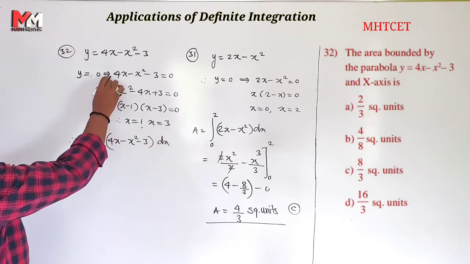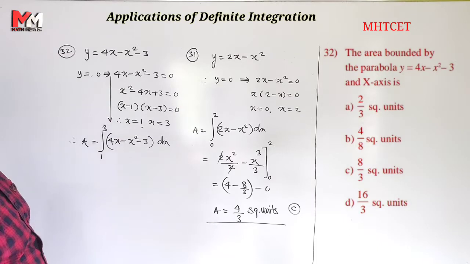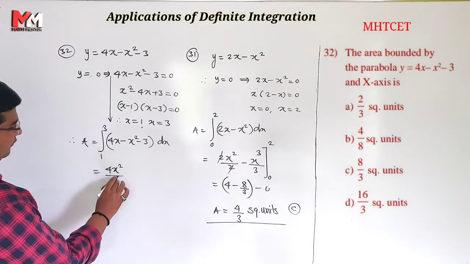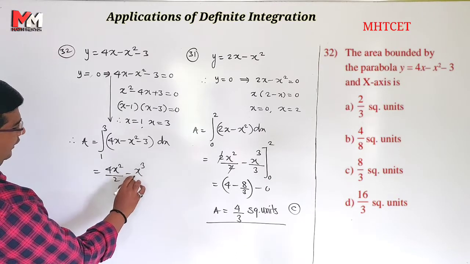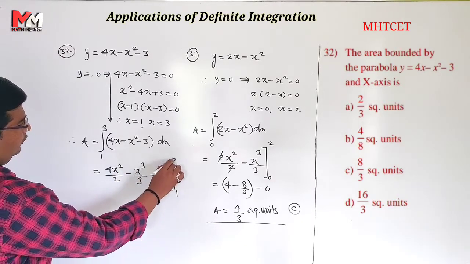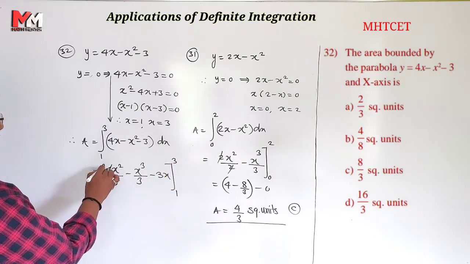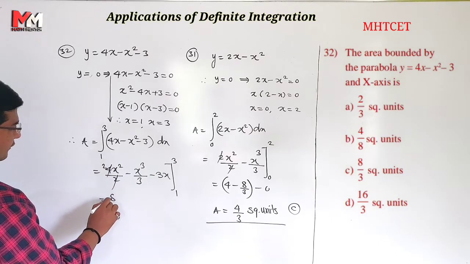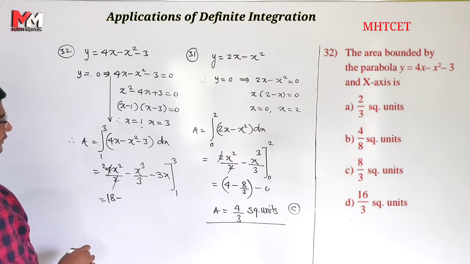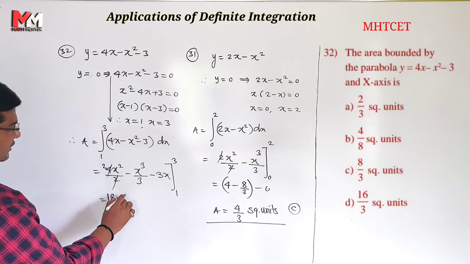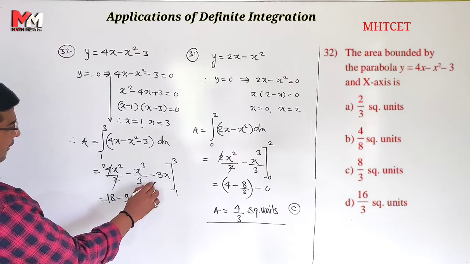Most important, find out the limits of the function. So this is 4x square by 2, minus x cube by 3, minus 3x, from 1 to 3. This is 2x square: 3 square is 9, 9 twos are 18, minus 3 cube is 27, 27 by 3 is 9, minus 9.